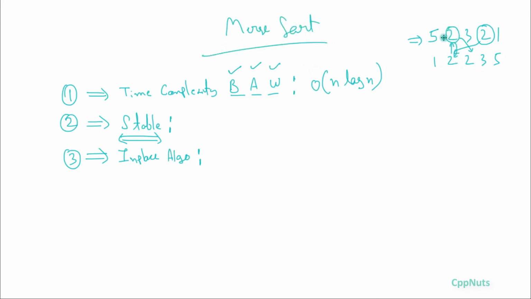Why? Because if this 2 is at its correct position, then the same 2 will come here. Now you will ask why, what is the difference between these two? So we will not go much into detail because we don't have time. So this is stable. The answer is yes. Is it an in place algorithm? Yes, it is in place, but in some sense, but you use extra array.